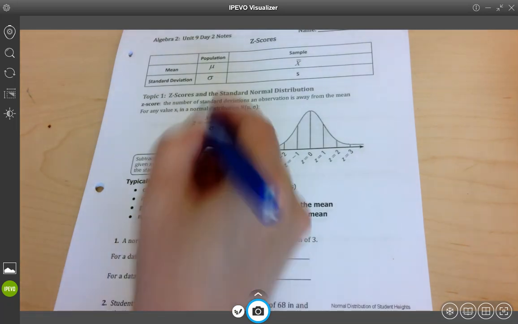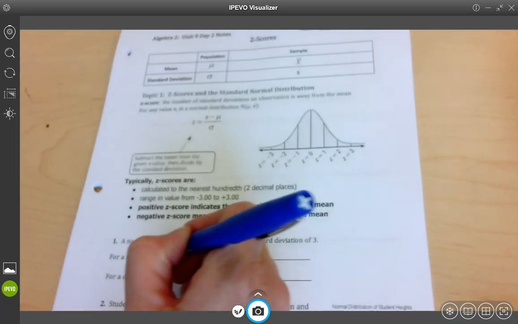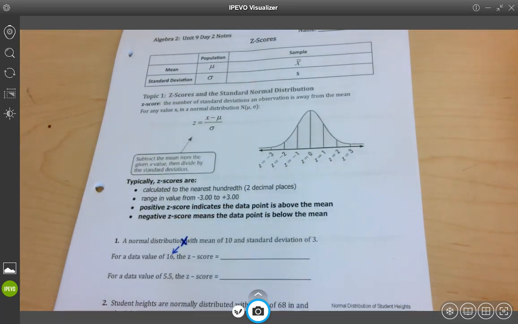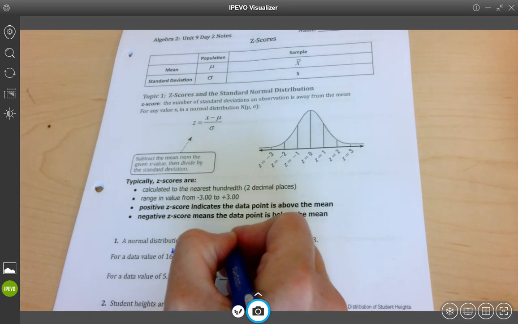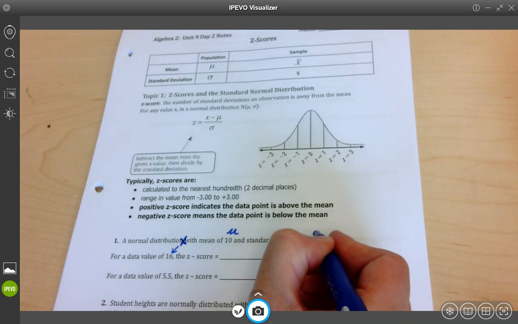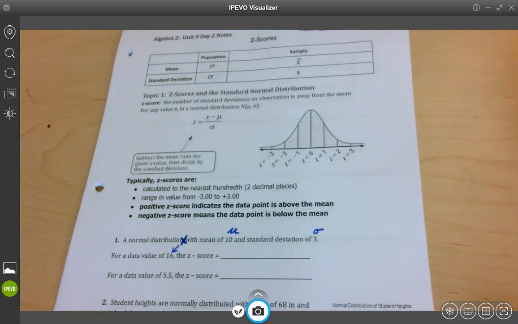The 16 is your x, that's your score. The mean is 10 and the standard deviation is 3. And so we just substitute into this formula.